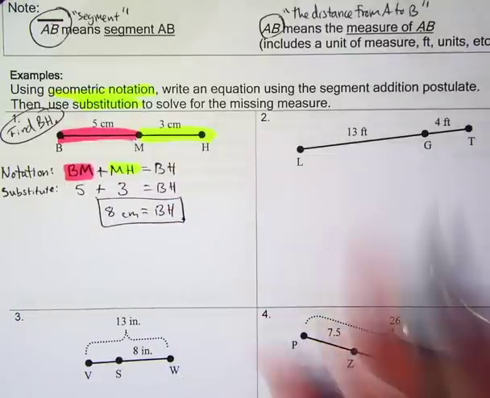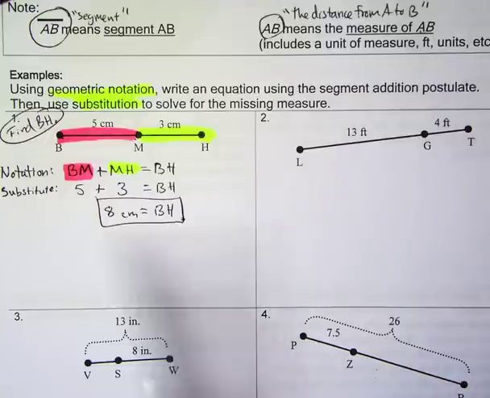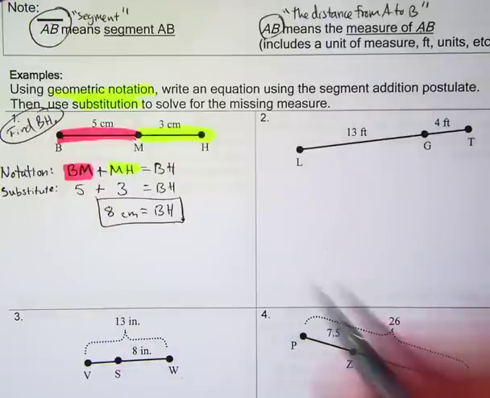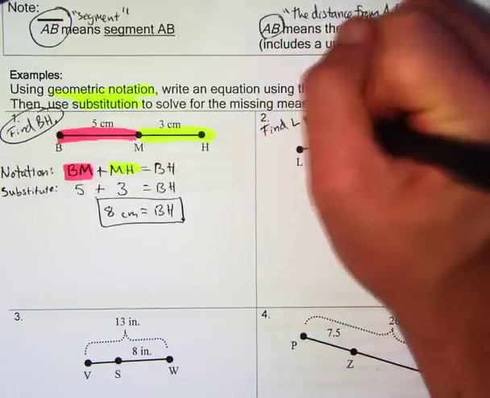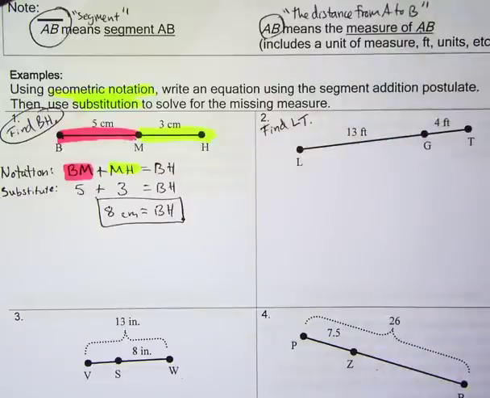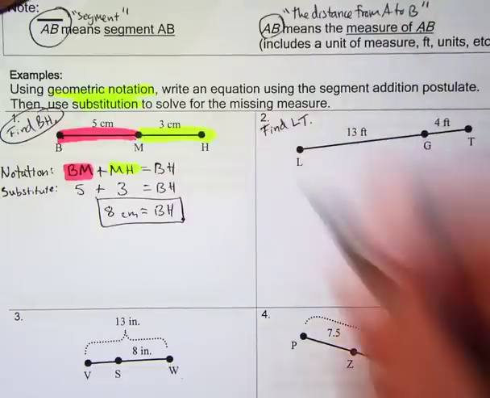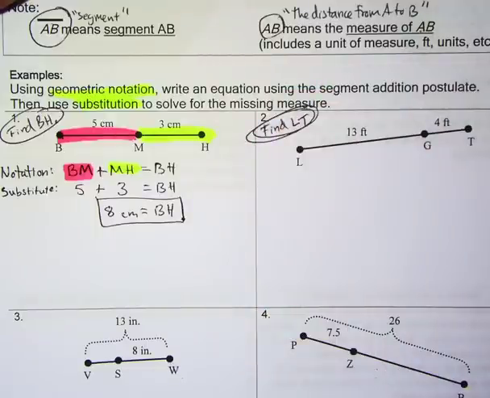Now you can go ahead and hit pause and try the next one. Do the same thing with notation and substitution. And let's let what we're trying to find here be the distance from L to T. Okay, so if you hit play now, this is what I'm looking for.